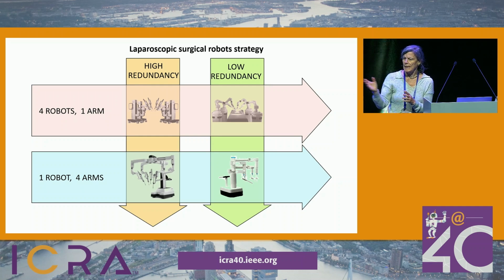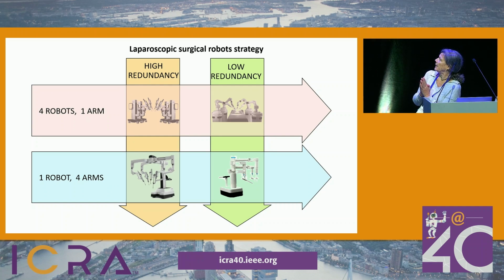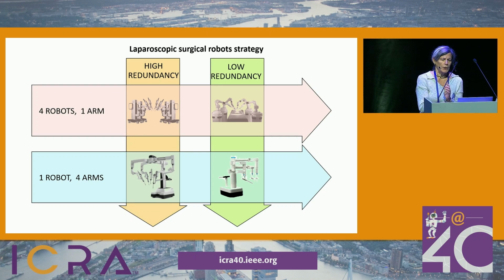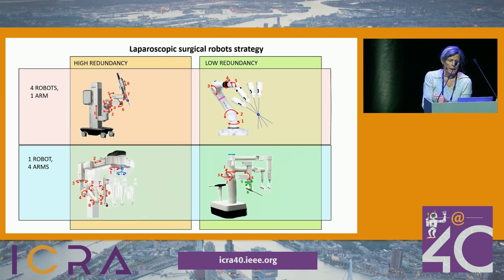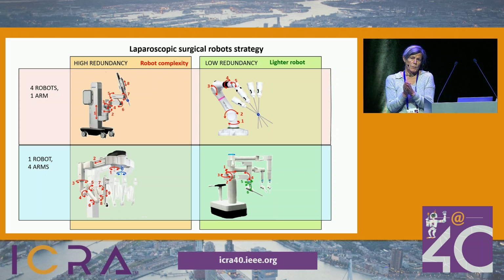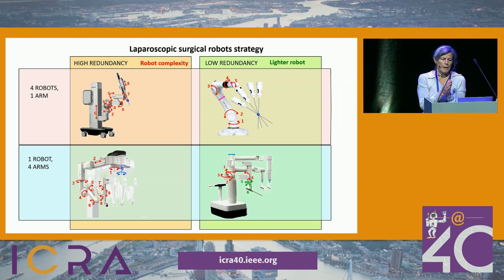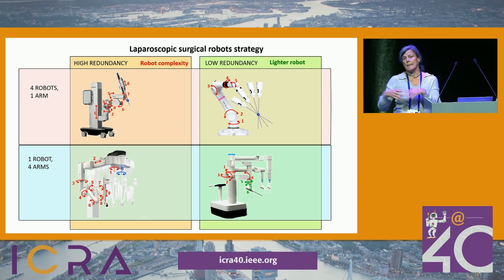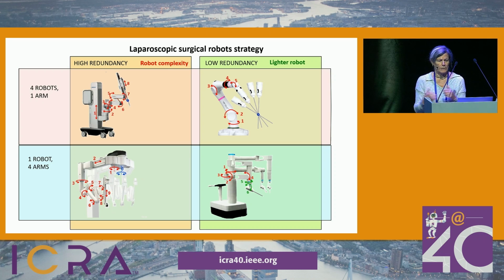So these are examples of these different robots we have: the Hugo robot, the CMR, the Da Vinci, and the Track of Rab Surgical, our robot. And for that, let's see some aspects. With high redundancy, of course, we have robots with high complexity, while low redundancy implies simpler or lighter robots.